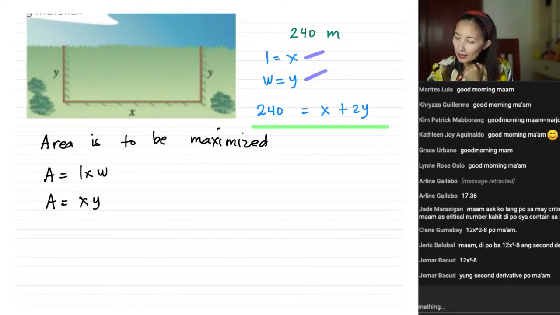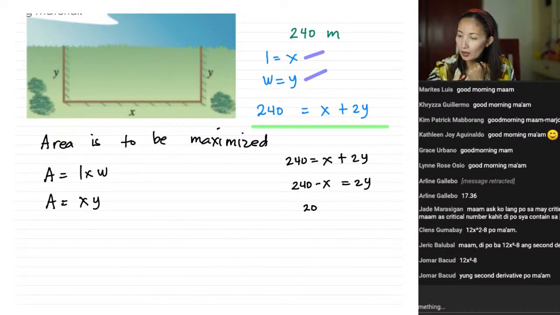If I do a transformation from 240 is equal to x plus 2y, then 240 minus x is equal to 2y, which means that y is equal to 240 minus x over 2. Okay, that is our y.